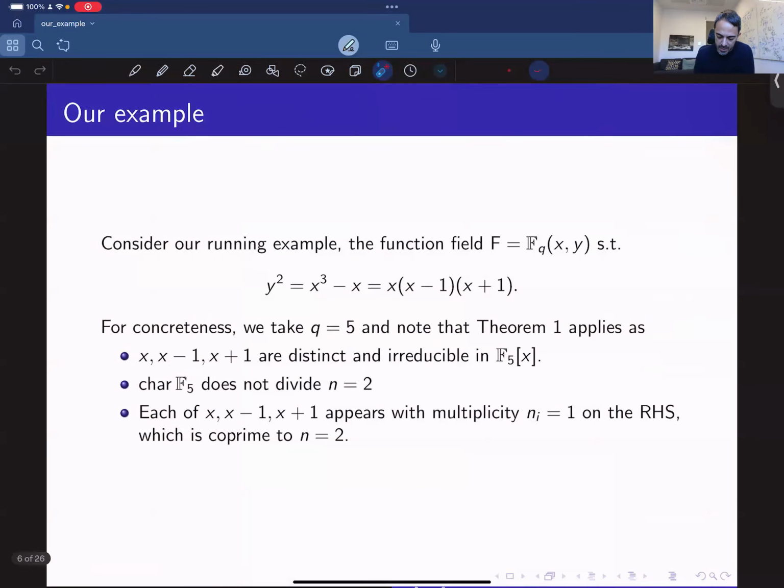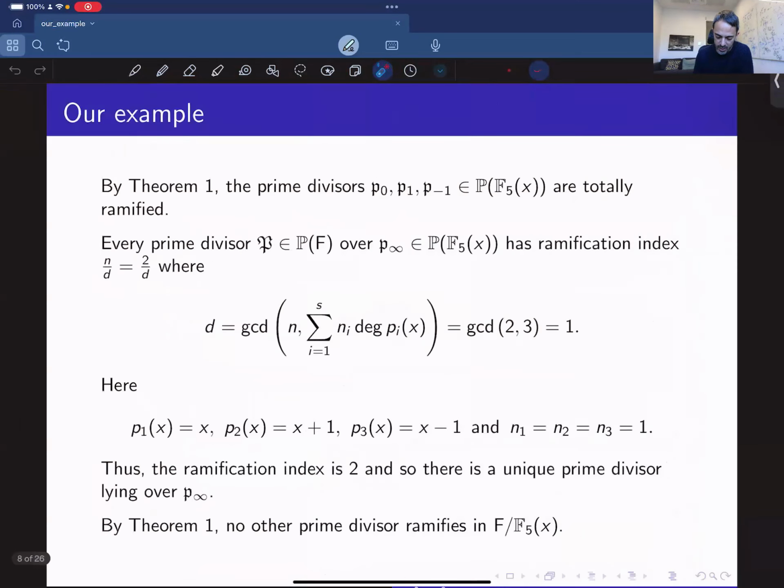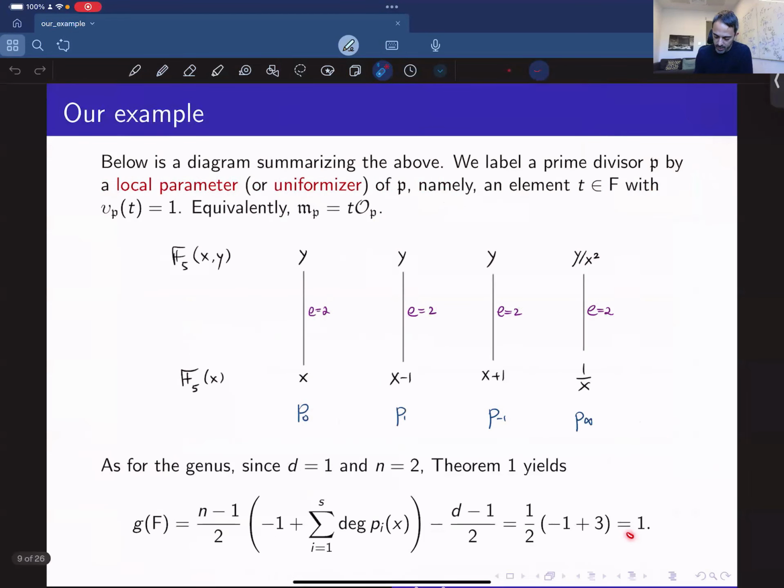But anyhow, using this, we essentially got to the point where we know that the genus is 1. And we know what the places above P0, P1, P minus 1 are. These are the roots of x cubed minus x, and P infinity. And actually all of them ramify.